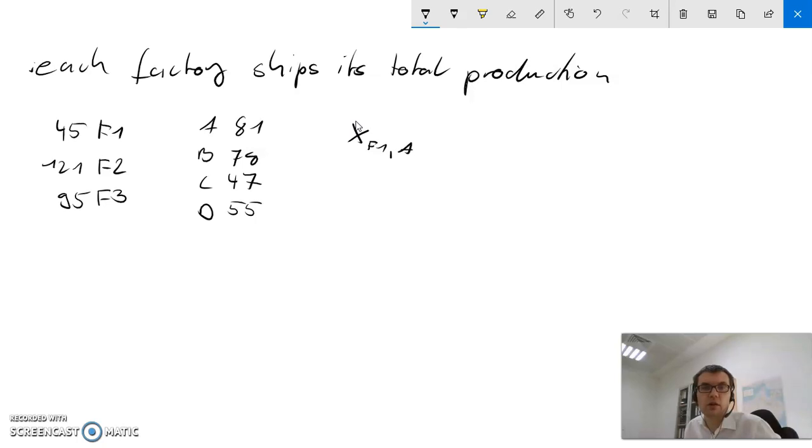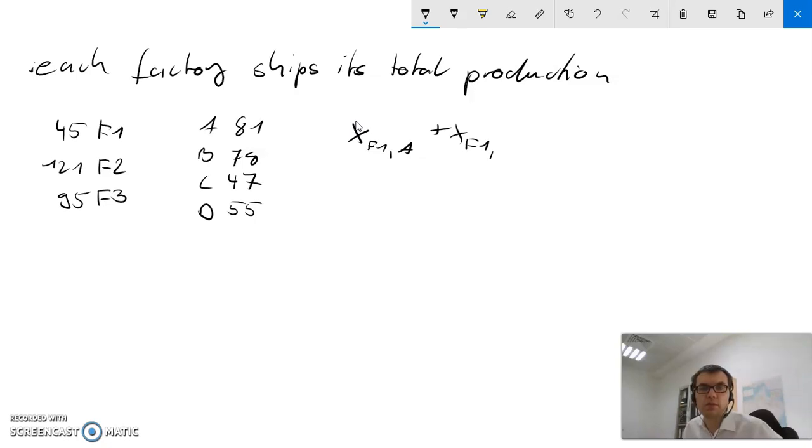We have 4 decision variables because factory F1 can ship to A or to B or to C or to D or any combination thereof. So this would be modeled as follows.